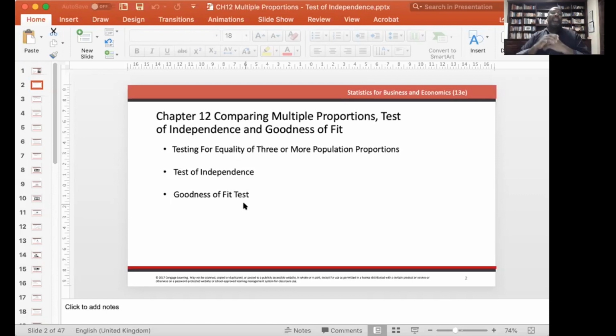So that's called the goodness of fit test. And all of those problems will use something called a chi-squared test. And the chi-squared is a particular distribution that looks something like this. So let me try to show that to you.